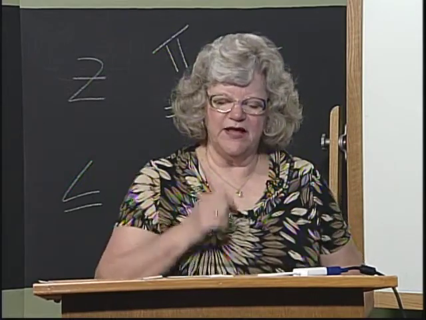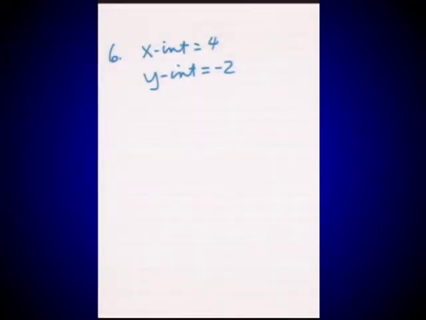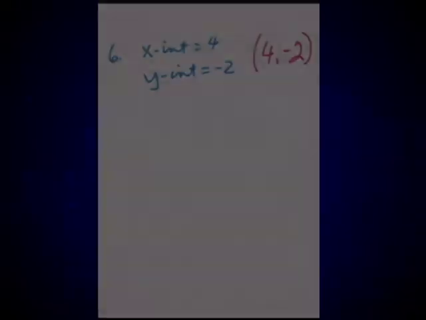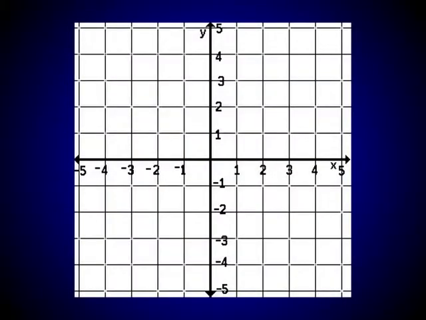Well, let's play with that a minute. If I wrote this as a point like this, and don't write it on your paper, and then I got ready to graph 4, negative 2, look where it is.